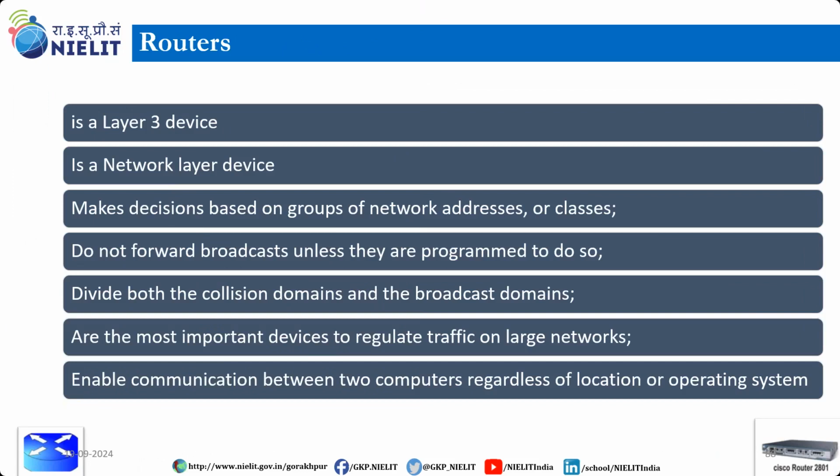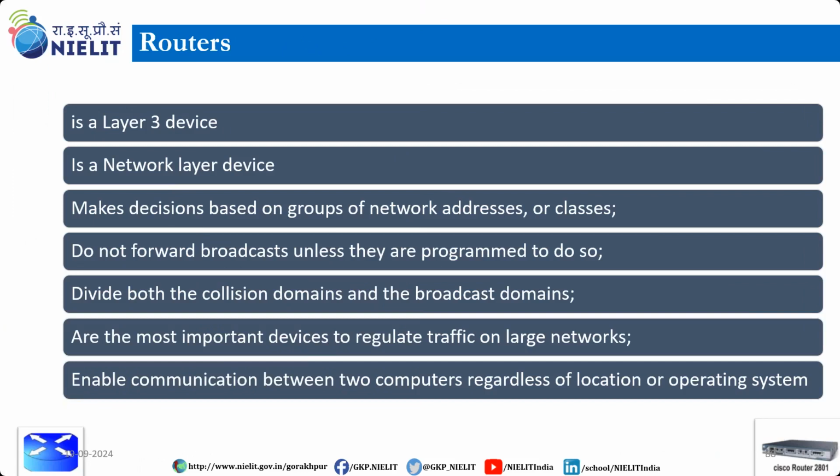It divides both the collision domain as well as the broadcast domain, and is the most important device to regulate traffic on a large network. Our internet is basically operating with the help of routers. There are millions of local area networks and millions of wide area networks operational on the globe, and all these different networks are interconnected with the help of router devices.